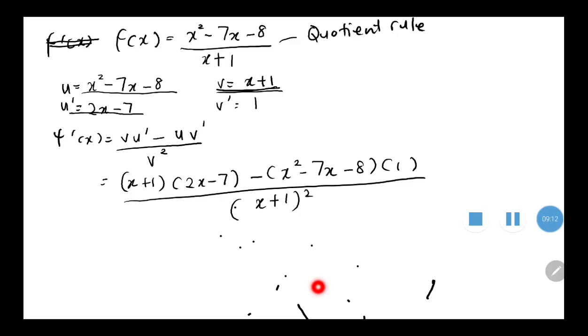Okay, so now this looks very complicated, but we will try to multiply this one by one.